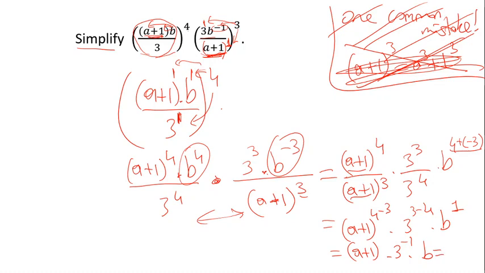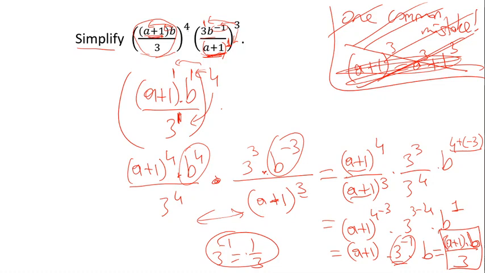And if someone wants it as a fraction, you can write it as a plus 1 times b divided by 3. Remember, 3 to the -1st power is 1/3. So the answer will be this.